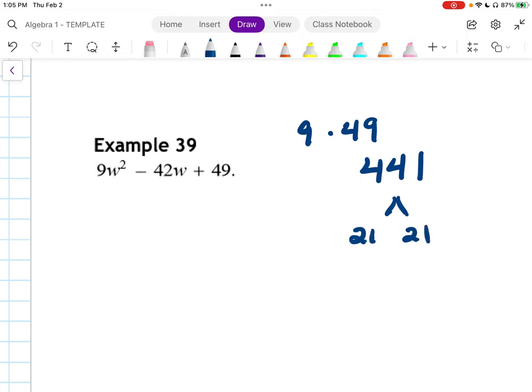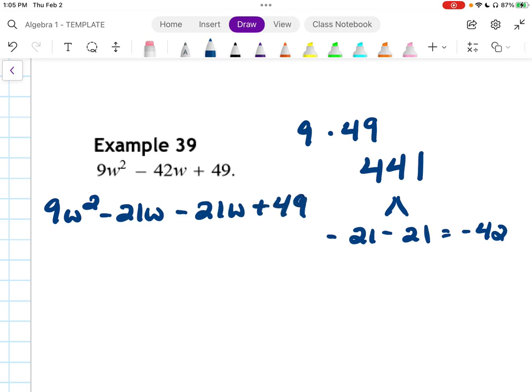And that so happens, if we made them both negative, that would add up to be negative 42. So this here we can break apart to be 9w squared minus 21w minus another 21w plus 49. Right, remember, just like in the last section, those two add up to be the middle guy.